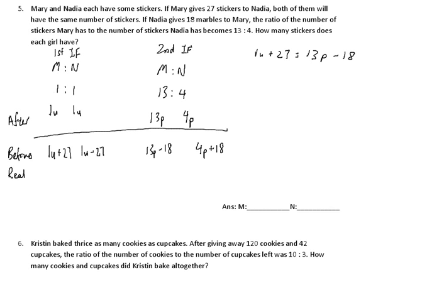Yes or no? Because this is the before, right? Correct? And next, I also know that 1 unit minus 27 equals 4 parts plus 18.